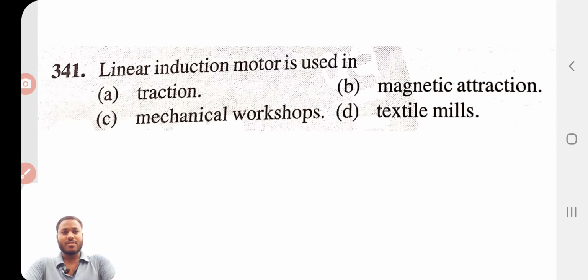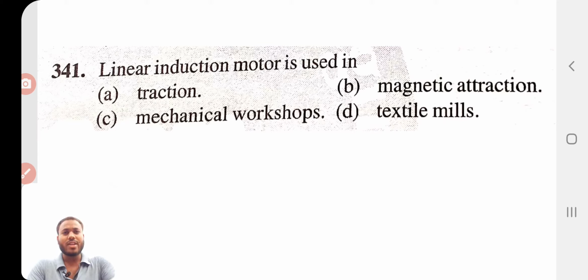See the question. The question is, linear induction motor is used in. So the question is, where is the linear induction motor used? Option A, traction, B, magnetic attraction, C, mechanical workshop, D, textile mill.